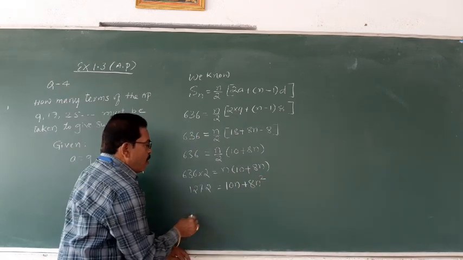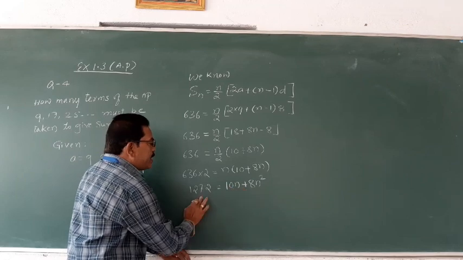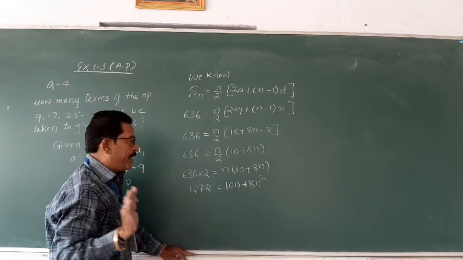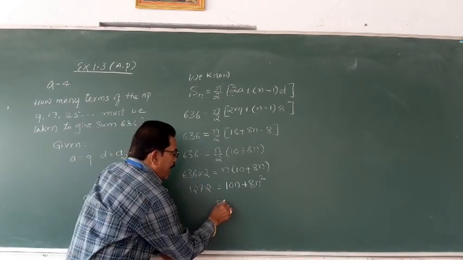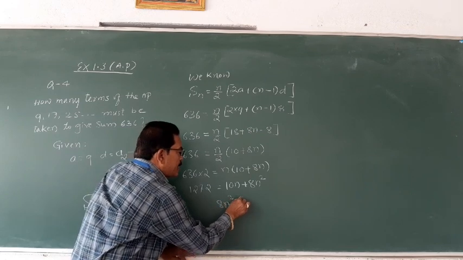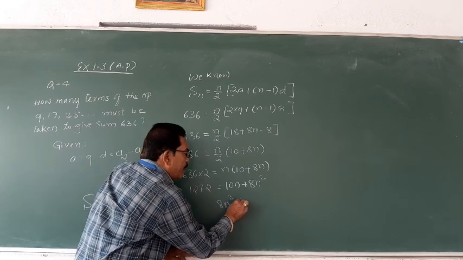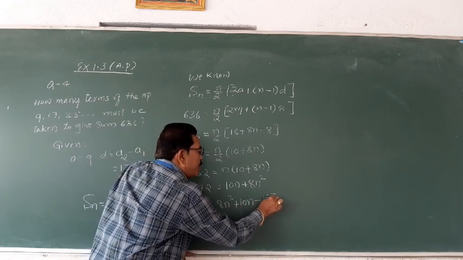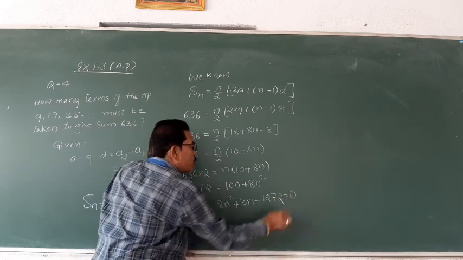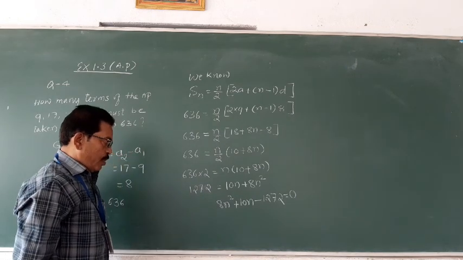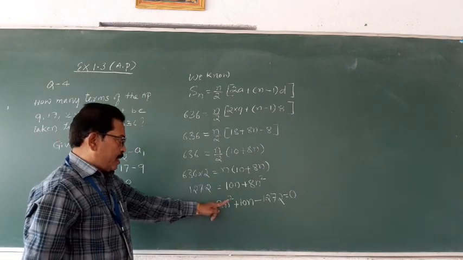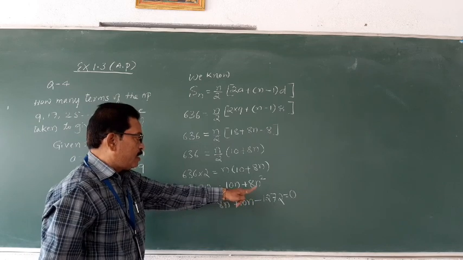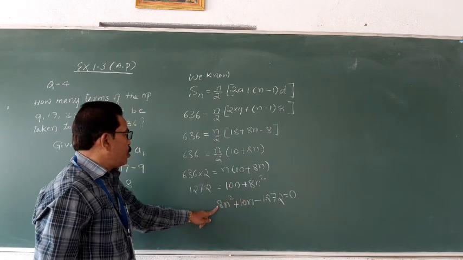Okay, now let us write this expression in proper order. 8n square plus 10n minus 1272 equals 0.